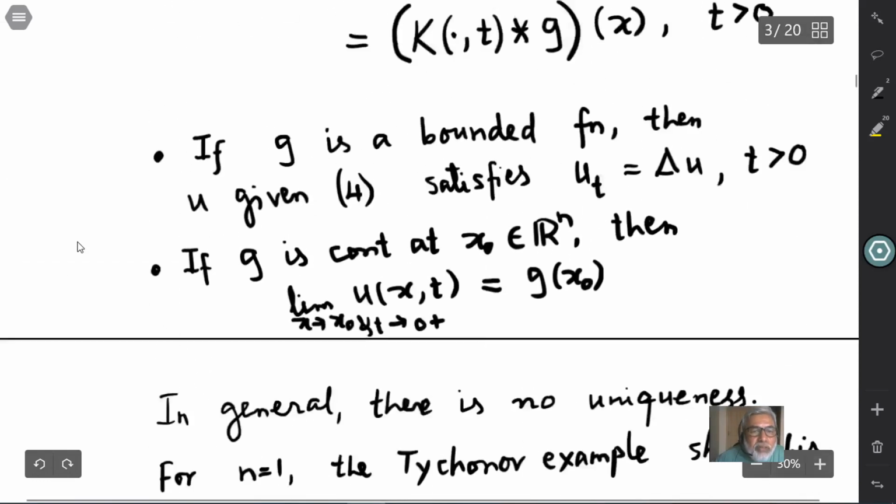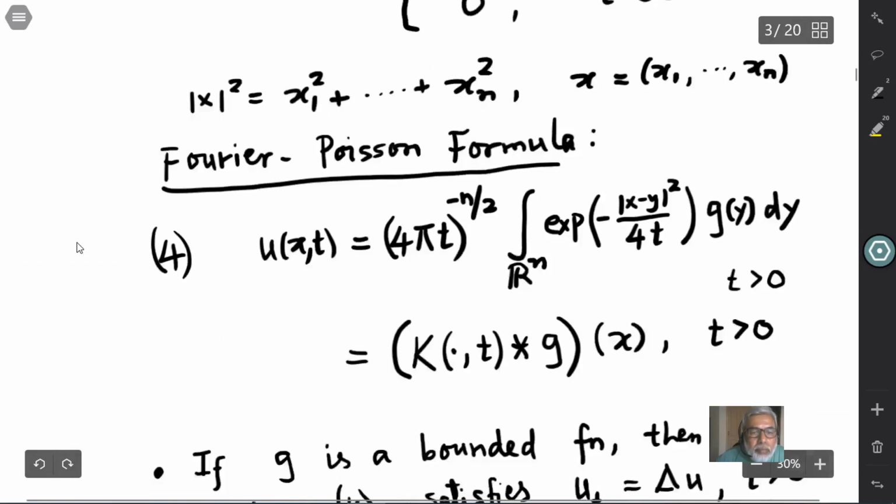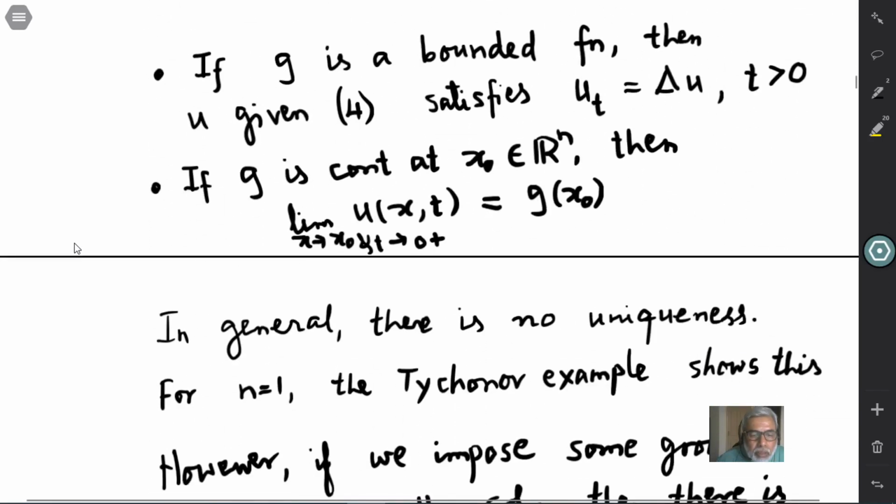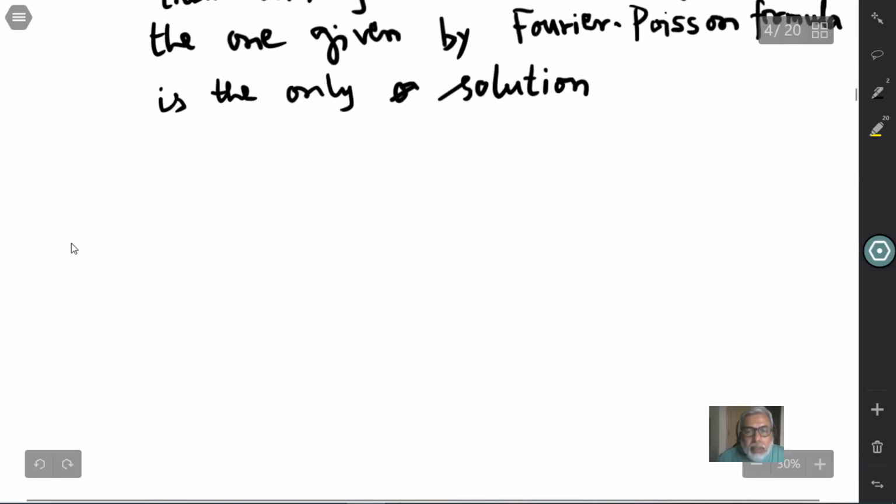The verification of all these properties depends on these crucial properties of the fundamental solution. So I just state them.